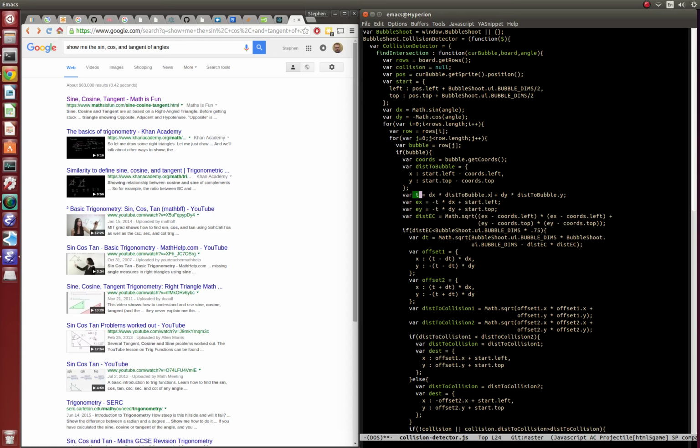Dx times distance to bubble. Distance to bubble is just the start left minus the coordinates left. So if the bubble's 0, 0, and this one's 4, 5, it's going to say x is 4 and y is 5. Okay.